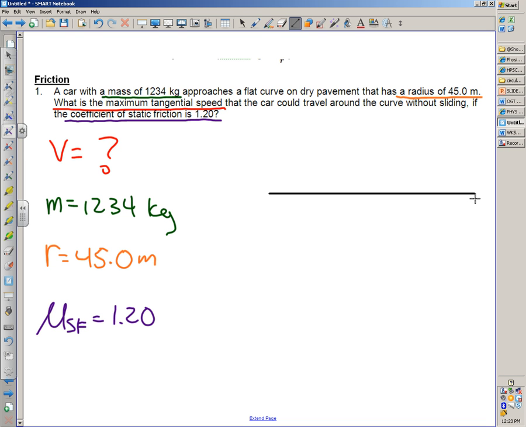So first let me draw, then I'll explain. Here is a car that is coming towards you. Does that make sense? Your front view of the car.